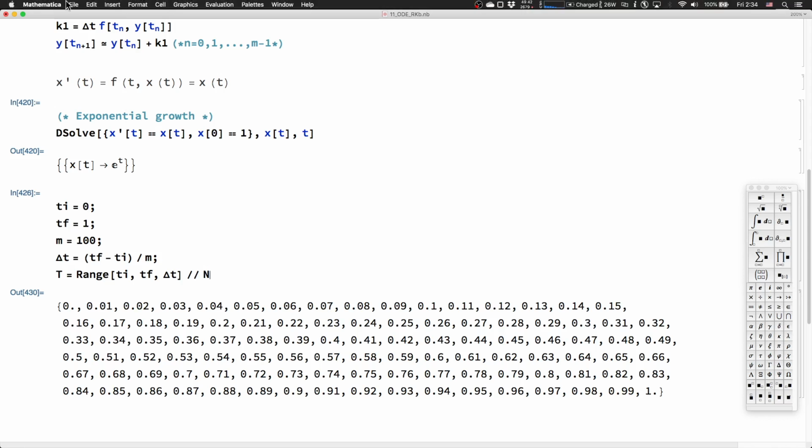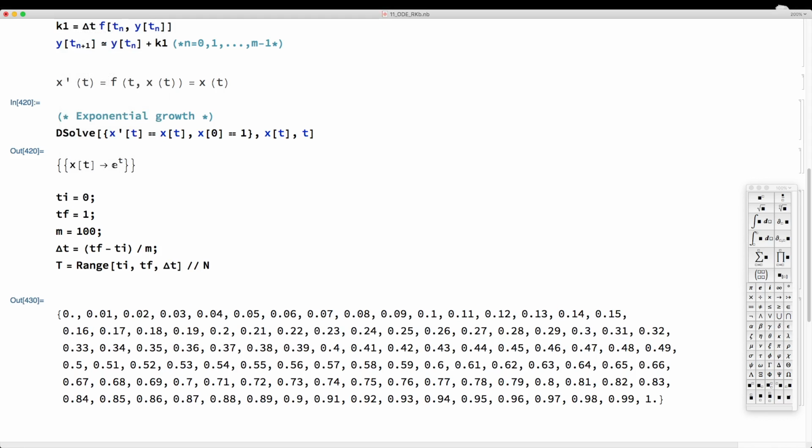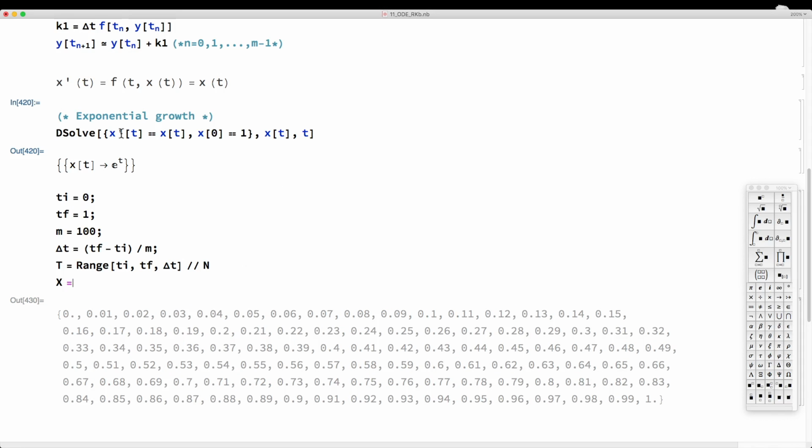So let's save this, and then let's define a vector x which will store the solution at each point in time. You can use constant array to zero out a vector, and then we can determine the size of the vector to be the same as the size of the time vector, because each of those time moments will correspond to one value of x.